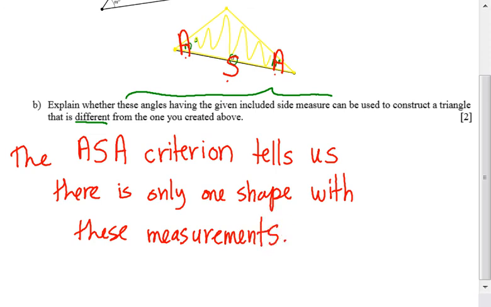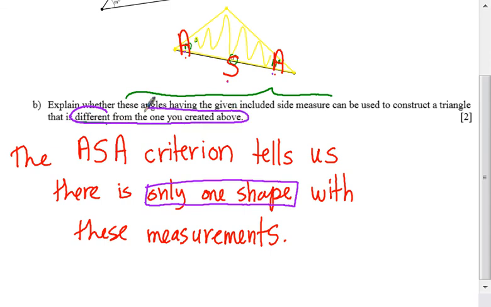I'll just emphasize there's only one shape. With these particular side and angle measurements, you can only get one shape, and so the answer is no. It would be impossible to come up with a triangle that's different from the one we created above.